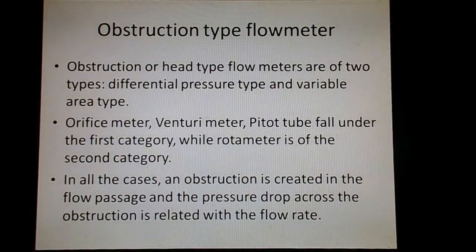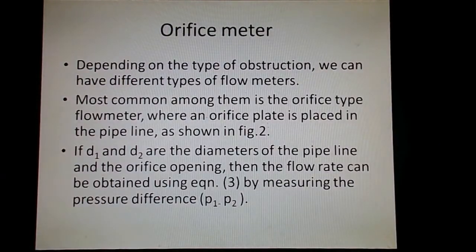Other points we have discussed earlier, but in this slide we are putting them so you can take down the notes. The differential type of flow meter, we are having three types we have earlier discussed.